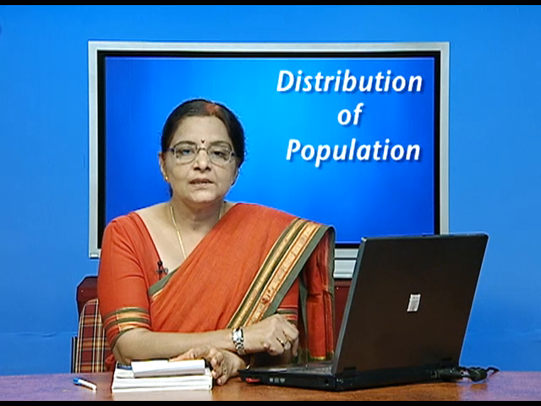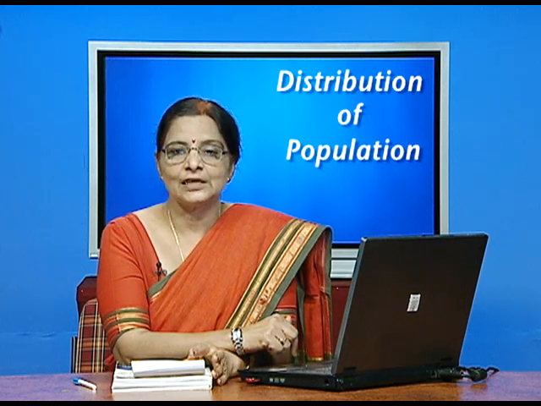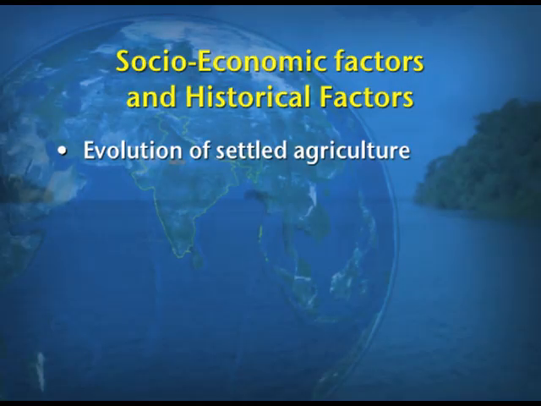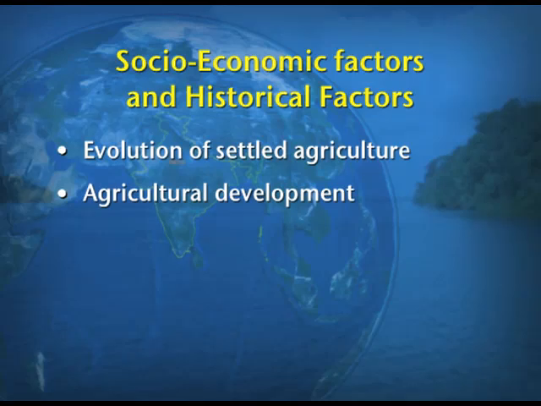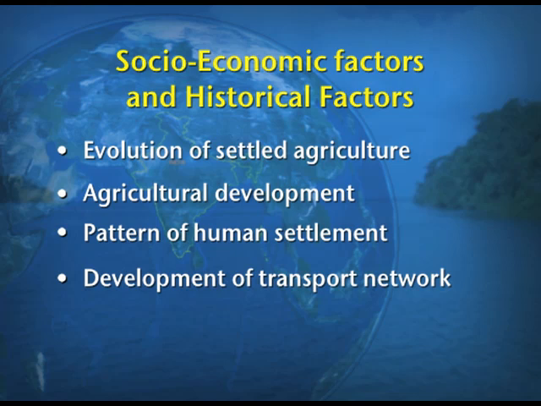Now, we take up the socio-economic factors and certain historical factors. For example, the evolution of settled agriculture, agricultural development, pattern of human settlement, development of transport network and industrialization. These are a few socio-economic factors which are responsible for the high rate of population in certain areas.